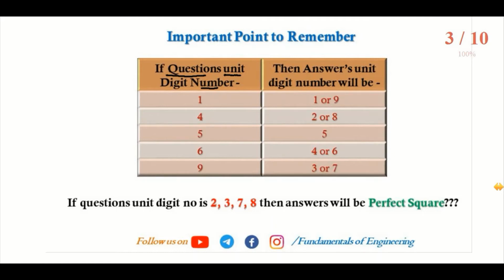Based on that we have to find the perfect square. So if 1, 4, 5, 6, 9 are in the unit digit, we will get a perfect square. And if the question's unit digit is 2, 3, 7, 8, the number will not be a perfect square. How to find the square of these numbers we are going to see in the next lecture. But today we are going to find the perfect square root of the numbers.